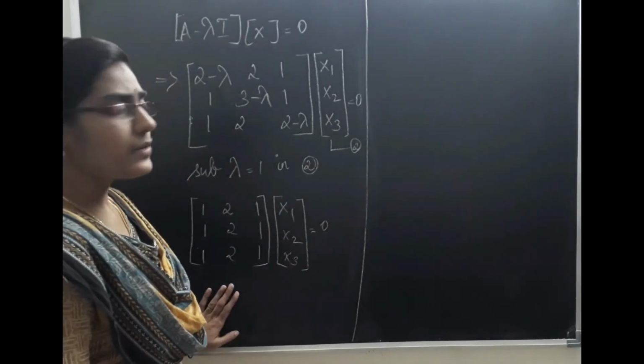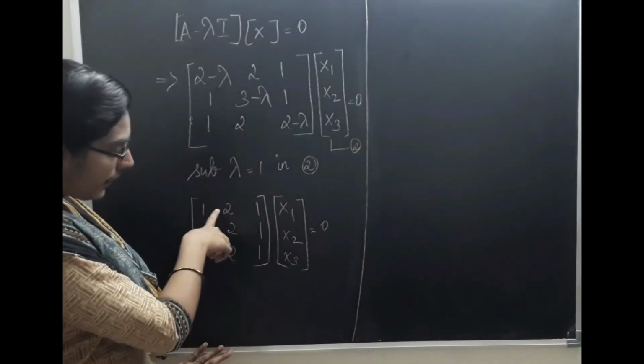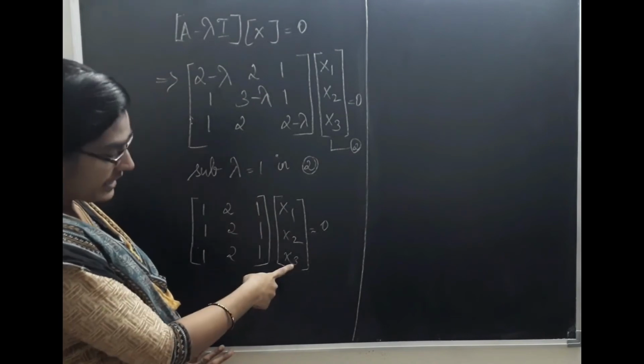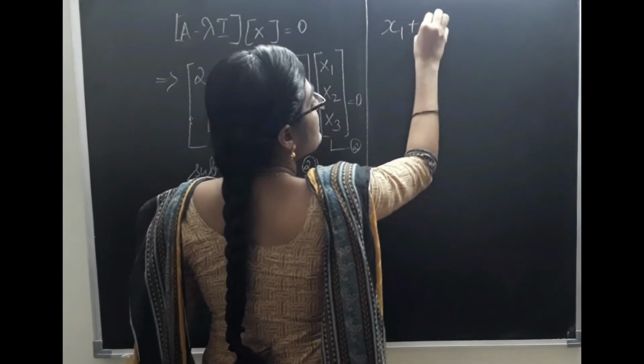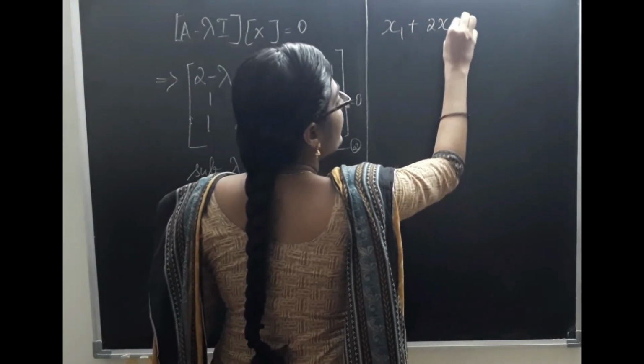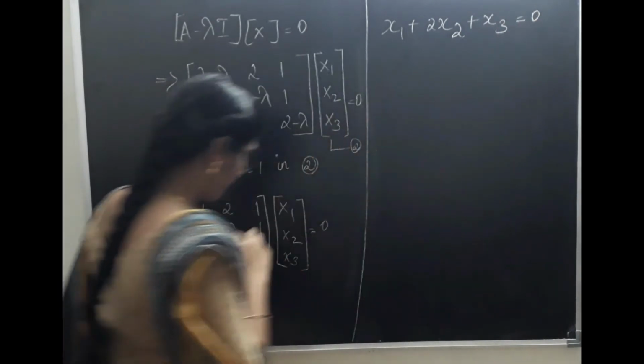If we multiply, we can write it as x1 plus 2x2 plus x3 equal to 0, right? This is for the first row.